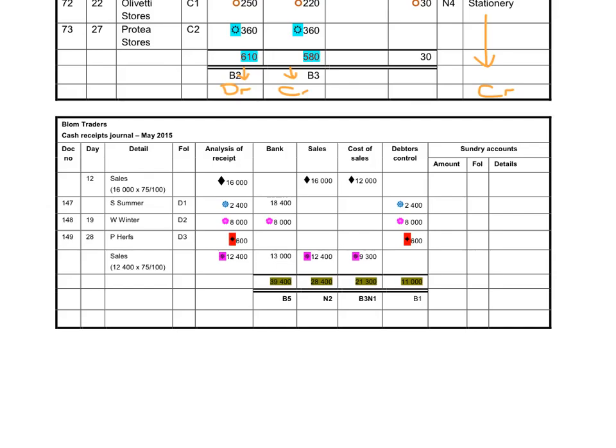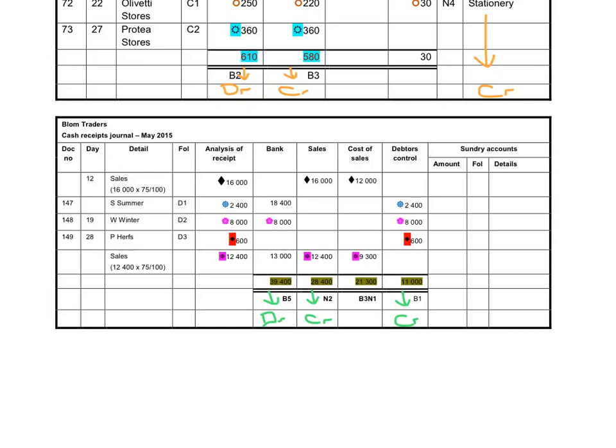In the cash receipts journal, we received money and will therefore increase the bank on the debit side. Sales is an income that will increase on the credit side. Debtors control will be credited to decrease the debtors because they owe less money.